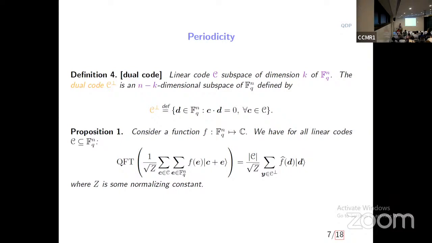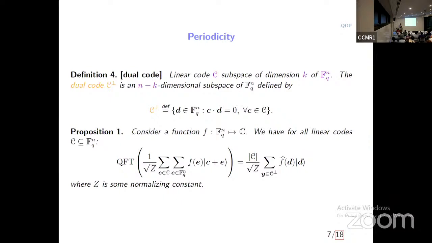So you have some periodicity condition, and you can expect that if you take the quantum Fourier transform of this, there will be something going on. Precisely, you get a state which is only supporting the dual code. What is the dual code? It is the set of vectors which are orthogonal to all elements of the previous code. So you get a nice superposition of dual code words.